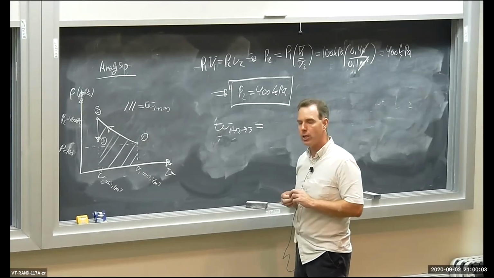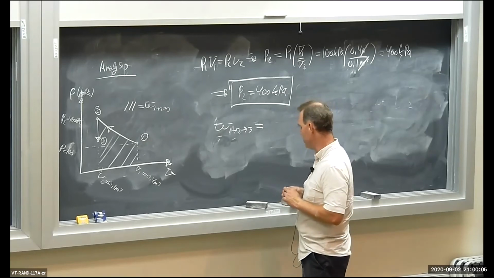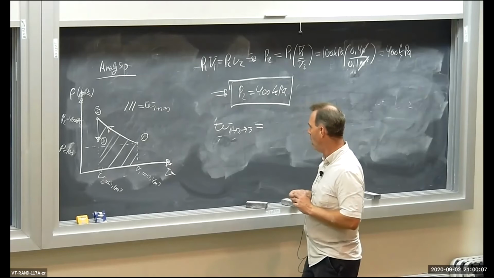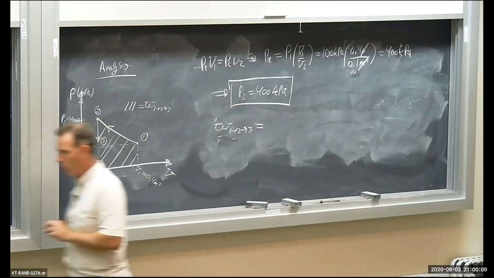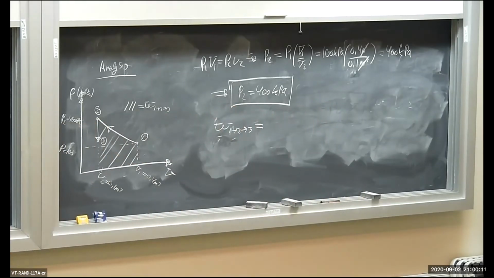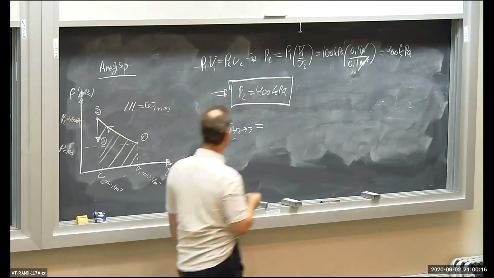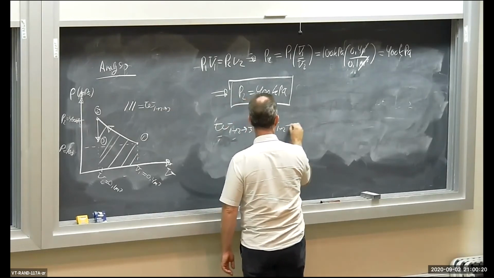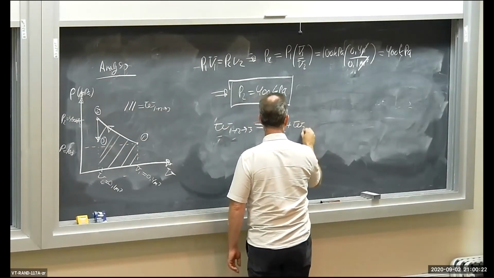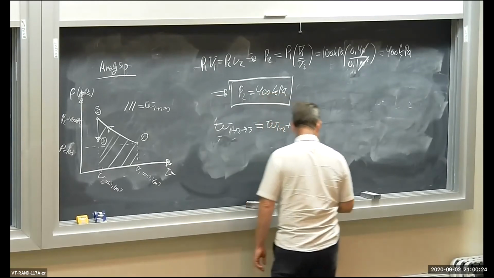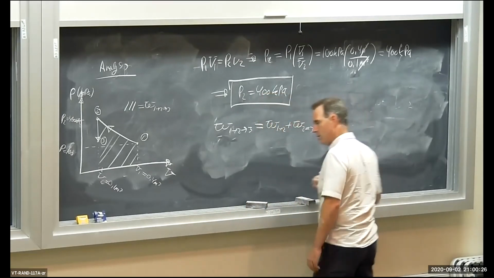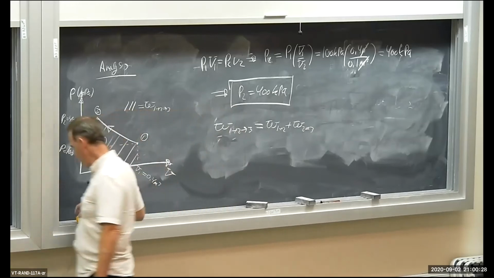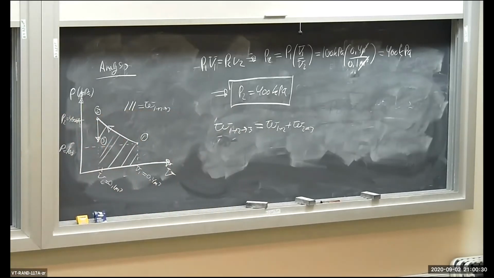We have to calculate the boundary work over the process. Okay, so what is the work from state 1 to state 2 and then to state 3? Well, that's equal to the sum of two works. It's the work from 1 to 2 plus the work from 2 to 3. It's a two-part process, so we got to calculate both works, okay?